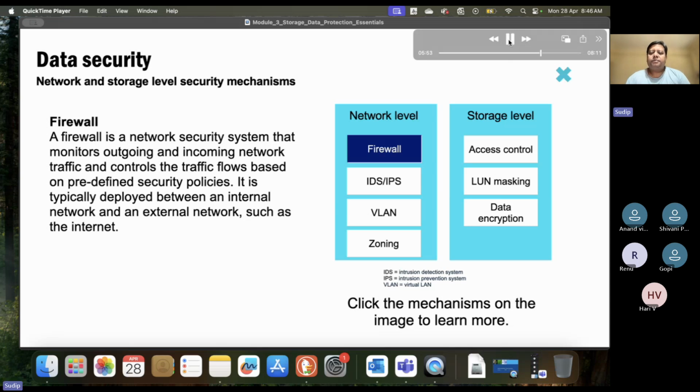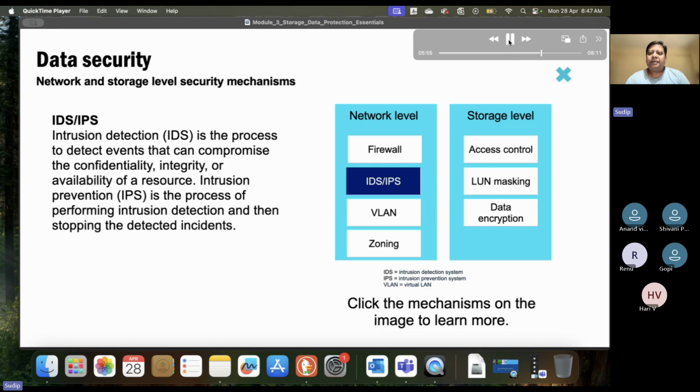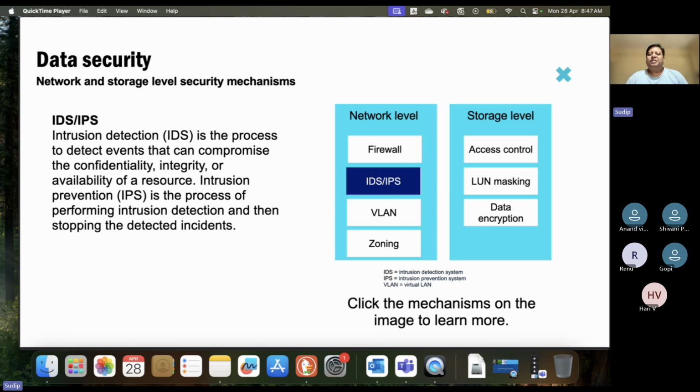Next, we talk about what is IDS and IPS. This has got nothing to do with the Indian Police Service. It is to do with cybersecurity. IDS stands for Intrusion Detection System, and IPS stands for Intrusion Prevention System.